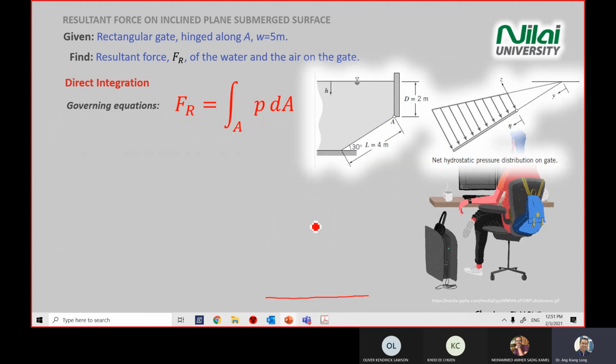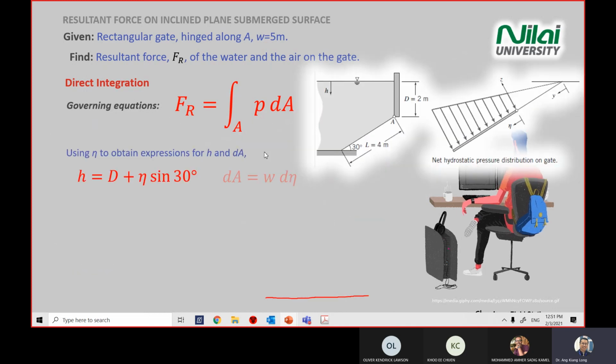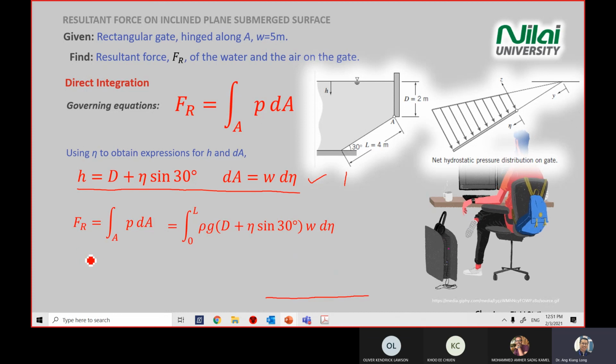Then after that is your application of what you know. These small things here will give you 1 mark. You write H equal to what, dA equal to what, or sometimes I will help you find your answer inside these two. So if you write this equation, you get 1 mark.